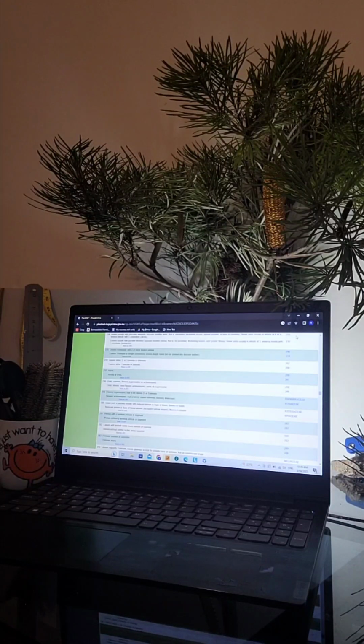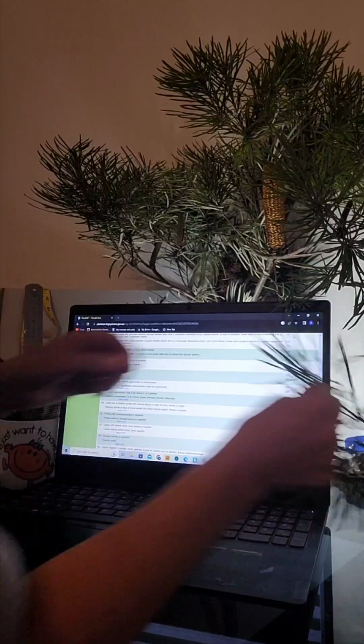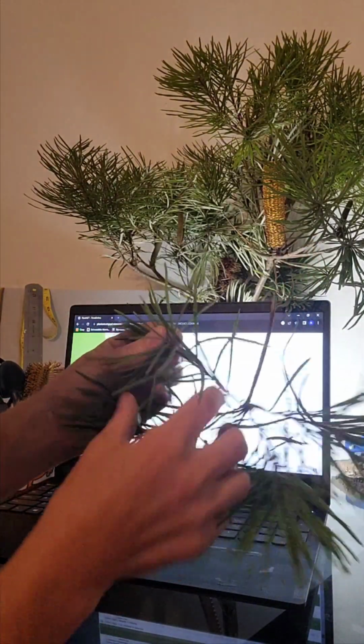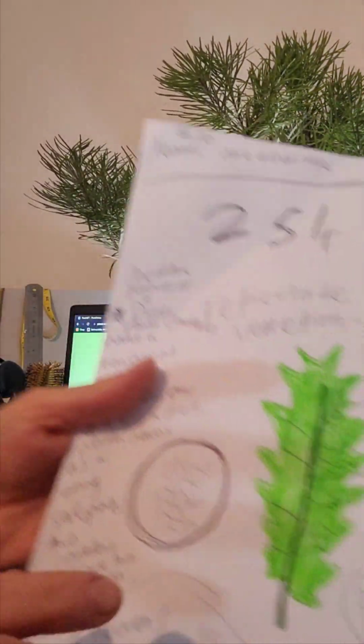Firstly, these small leaves have reticulate venation. Even though they're so tiny, I have a magnifying glass, so let me show you reticulate venation on this leaf.